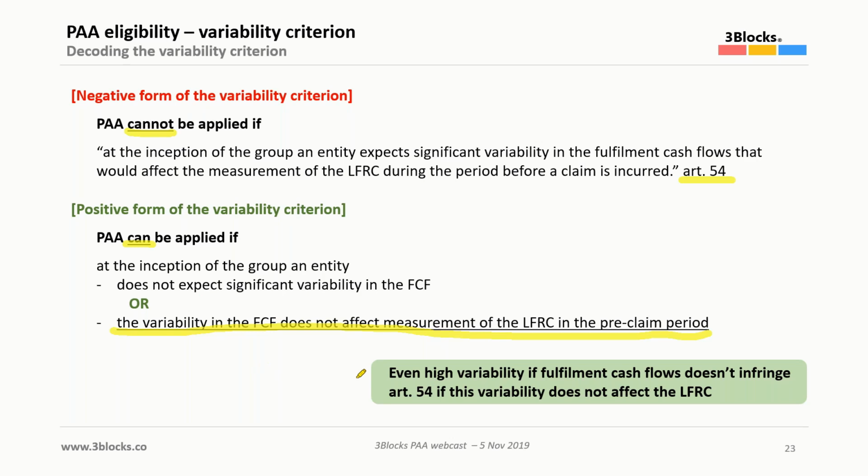So the conclusion is even high variability in fulfillment cash flows doesn't infringe Article 54 if this variability does not affect the LRFC. So let me repeat. Even high variability in fulfillment cash flows doesn't infringe Article 54 if this variability doesn't affect the LRFC.